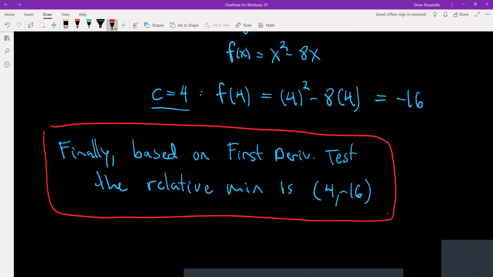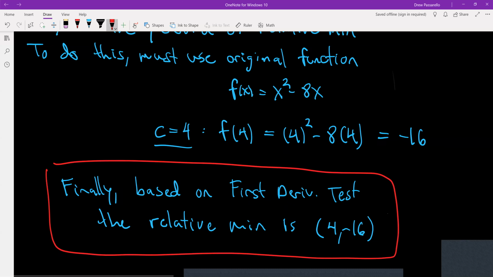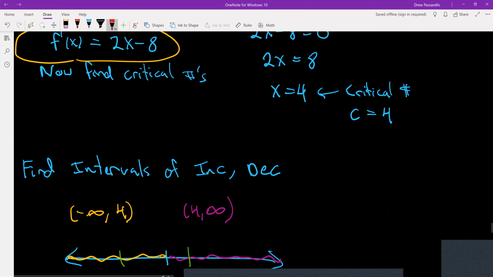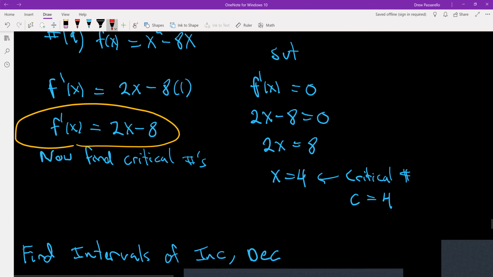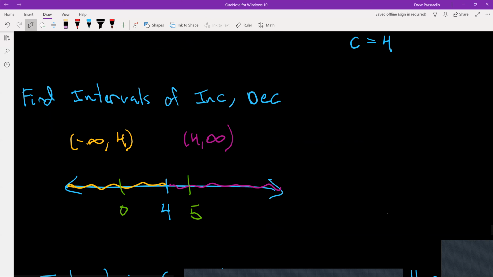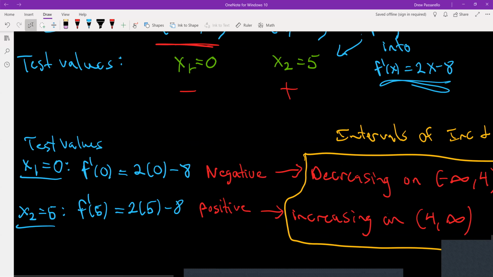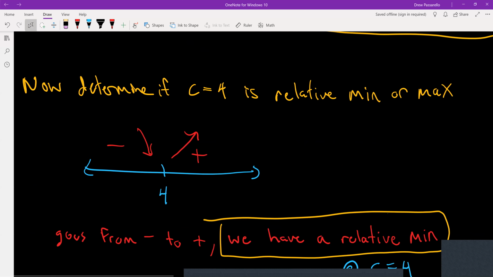So that is the process for the first derivative test. The first several steps are the same as the previous video, just finding the intervals of increasing and decreasing. It's just now from that knowledge, we determine the relative min or max based on the sign change.